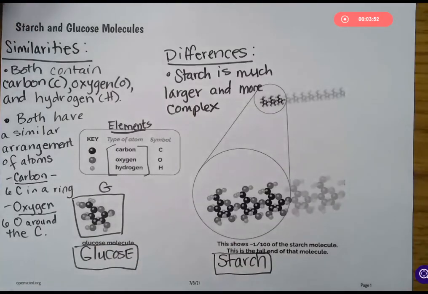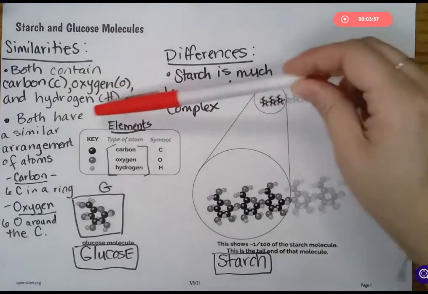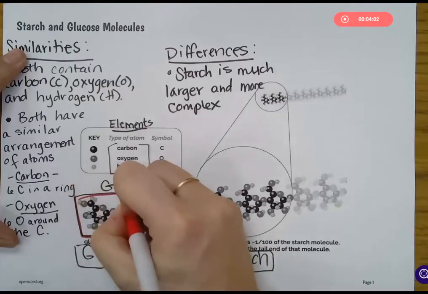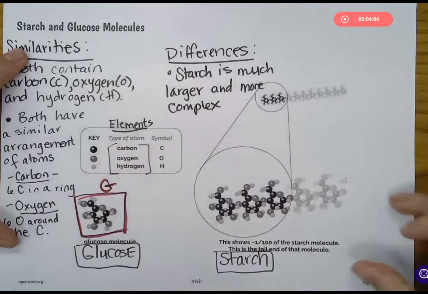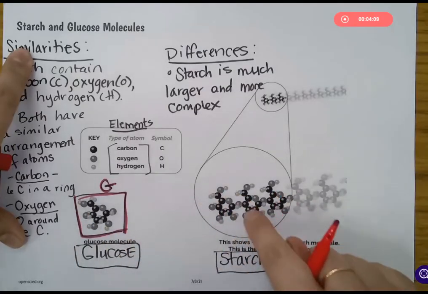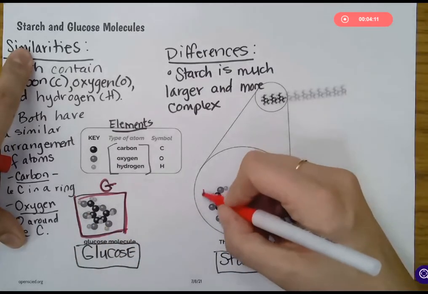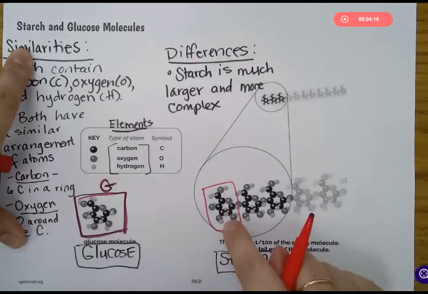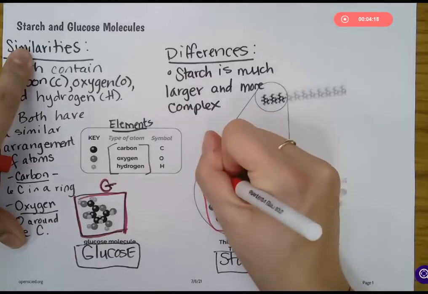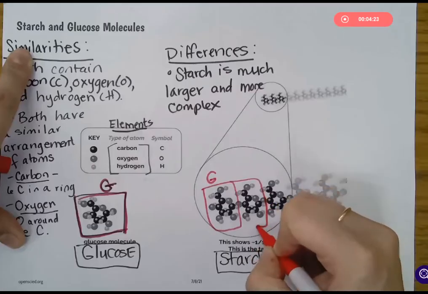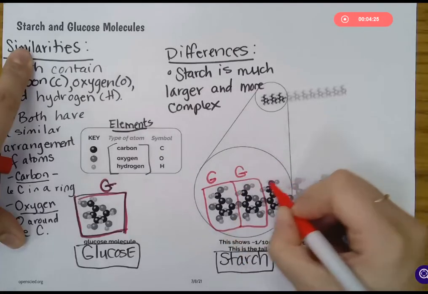But let's really look at this similarity thing, right? I'm actually going to grab my red. Let's go over this box we have on the glucose. This is one glucose molecule. Look at this and then look over here. This and this match, right? So this is one glucose molecule, and there's another glucose molecule.